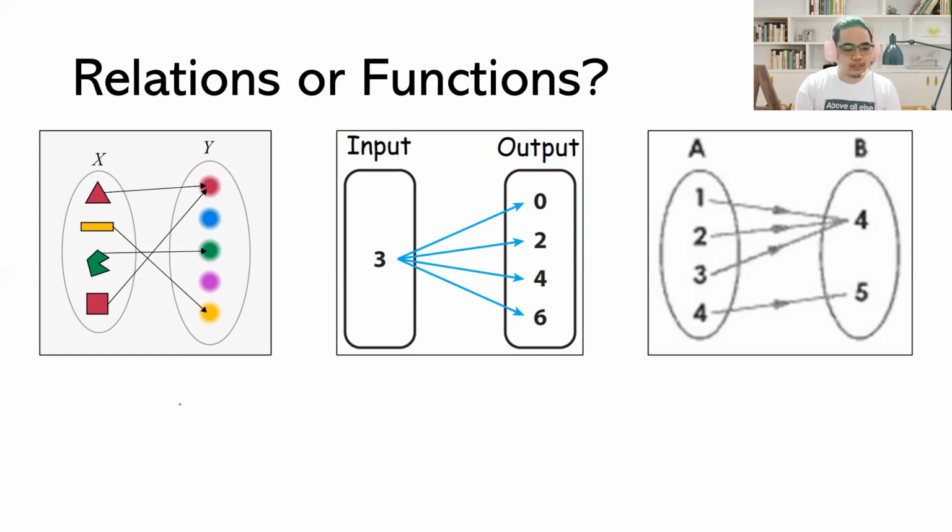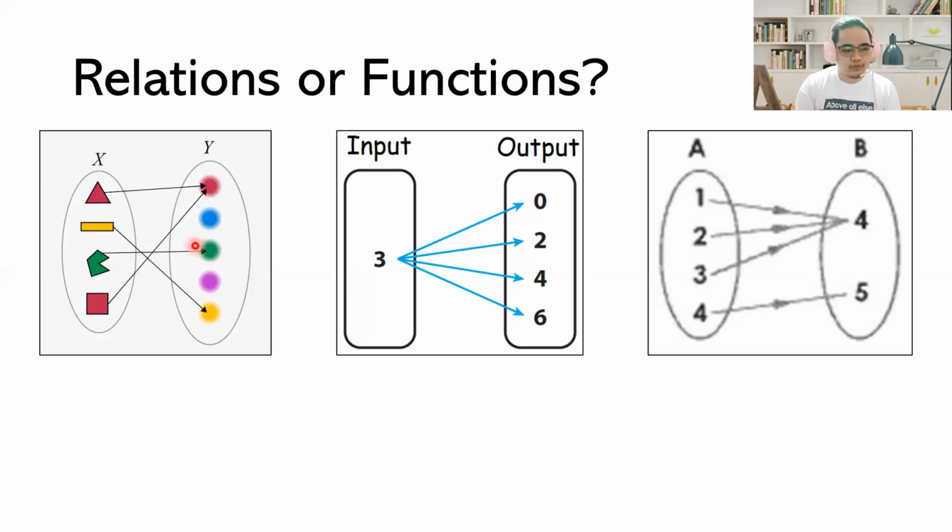So, as you can see, in the first one, we can see that the shape is mapped to their colors. If you look, we have a triangle here that is red. It is mapped to the color red. Same thing with the square, which is mapped to red. Then we have here a rectangle mapped to yellow. Then this is a heptagon, 7-sided. So the heptagon is mapped to green.